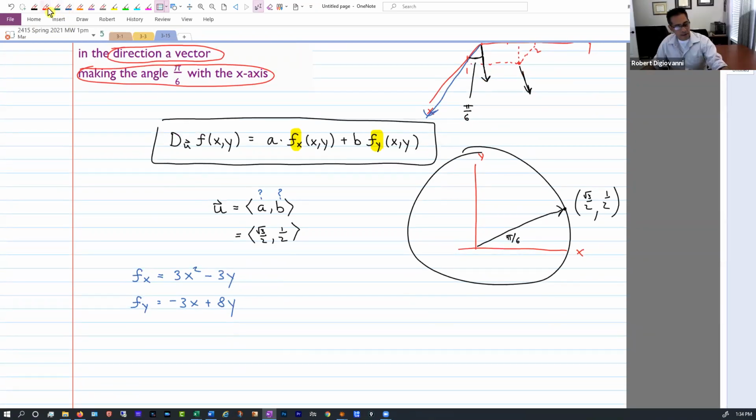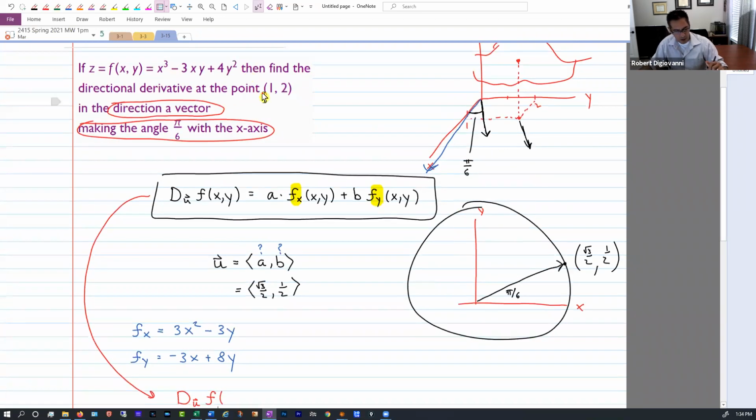So now we're ready to put it all together. What we would like is to know what is the directional derivative in the direction of the vector u. That's what this is saying. Give me the slope of the tangent line if you're pointed in the direction of u of this function, of this surface at the point, and this is where we have to include the point that we're looking at, 1, 2.